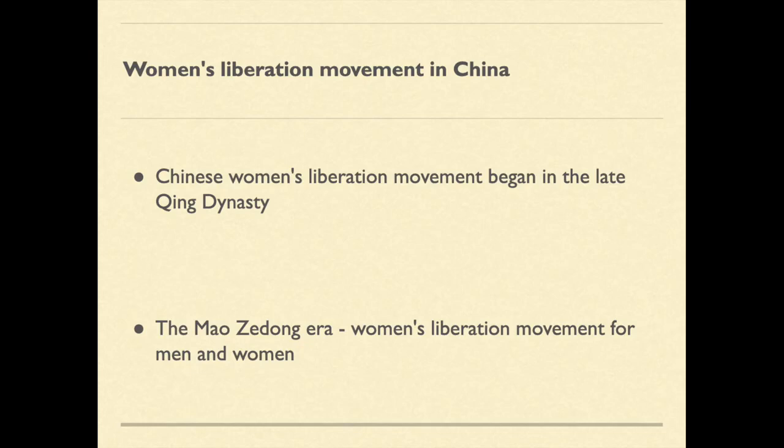Since the late Qing dynasty, a group of female revolutionaries represented by Qiu Jin have participated in the revolution. Later, in the National Revolution and the Northern Expedition, women were involved.